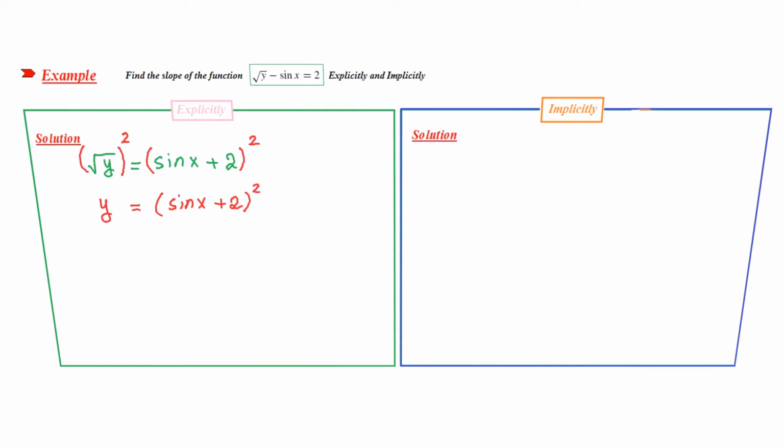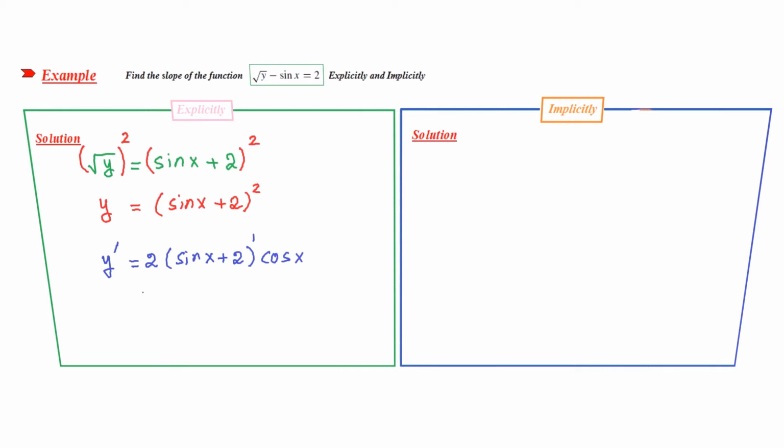Now you have to use the power rule to find the first derivative, or the slope. So y prime, or dy by dx, equals: put the power down, multiply by the same bracket, but subtract 1 from the power and you will get power 1, multiply by the derivative of the inside function, and the derivative of the inside function is cosine x.